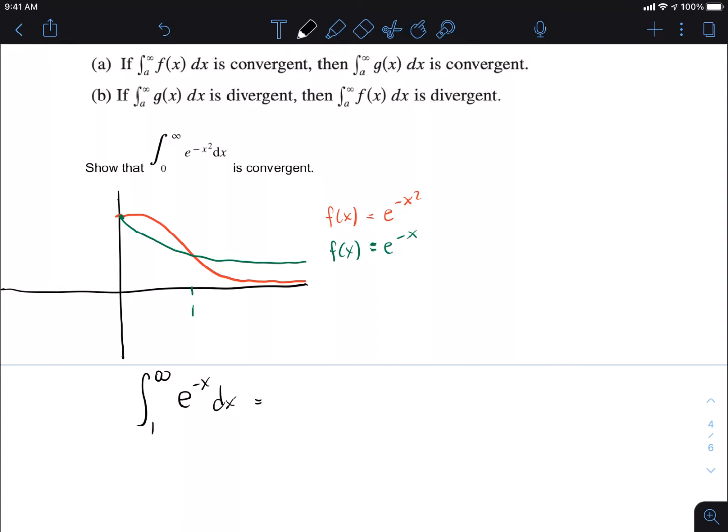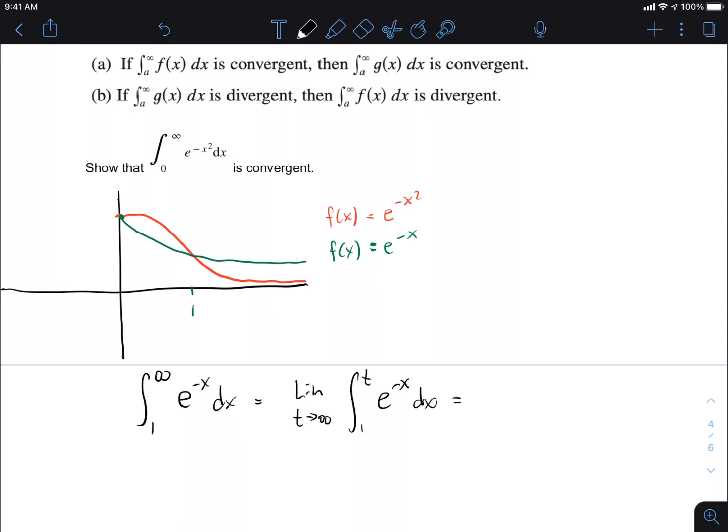So then in order to attack this, I'm going to take the limit as t goes to infinity of the integral from 1 to t of e to the negative x dx, right?